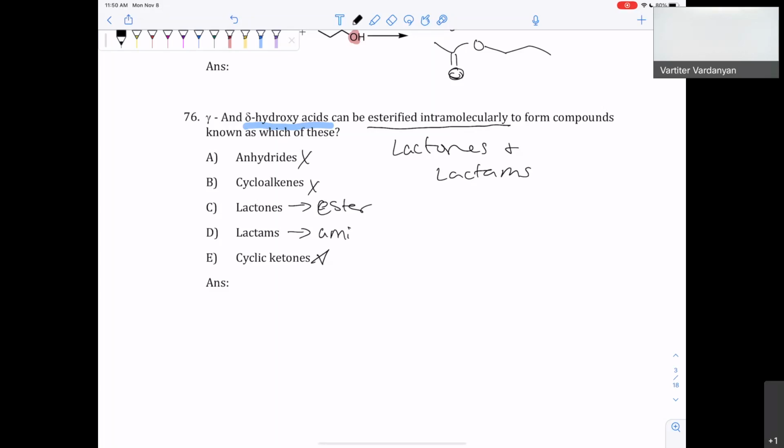A lactam is a cyclic amide. And we can say A is for amide. O is for the O in an ester. So if this said a delta or gamma amino acid, then it could have been a lactam. But if it says hydroxy acid and it also says esterified, we know that it's lactone.